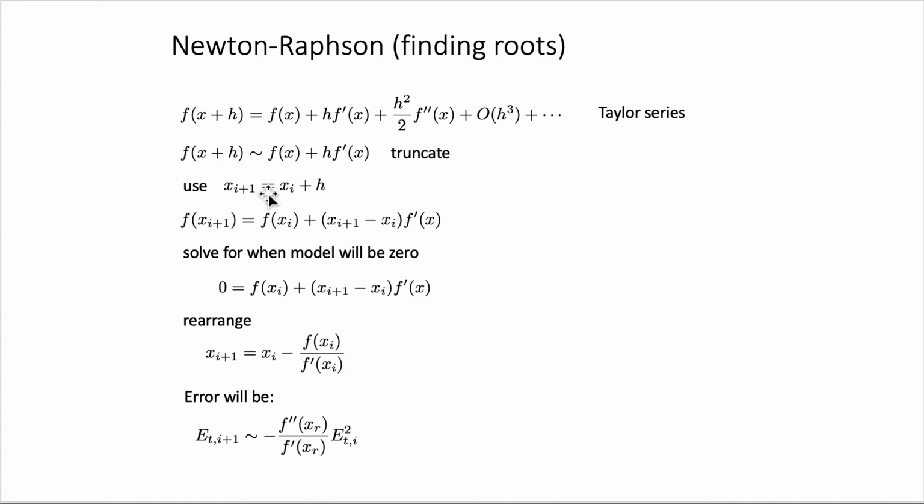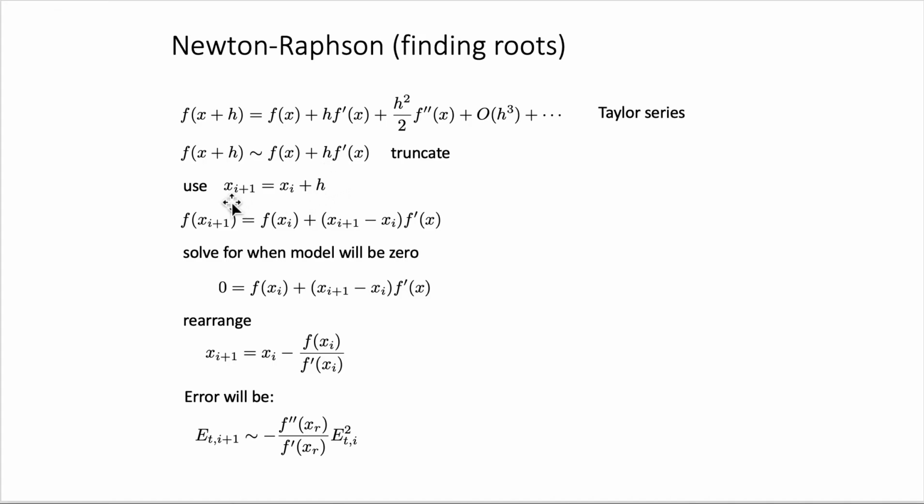right? And we'll start with some particular value x1, and then we're going to solve for the step h at which this new approximated truncated version of my function is 0. Well, this is just the equation of a line in h, right? So I can solve for where this is equal to 0.